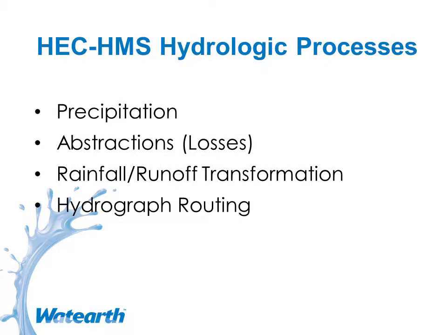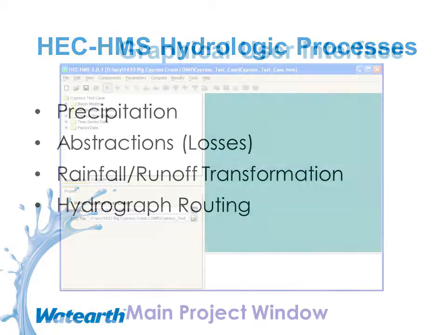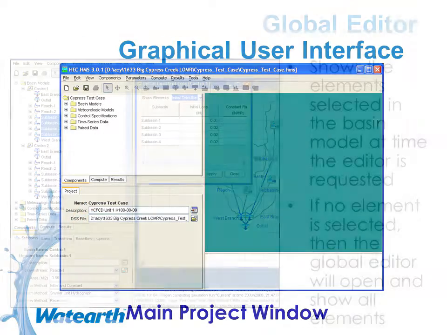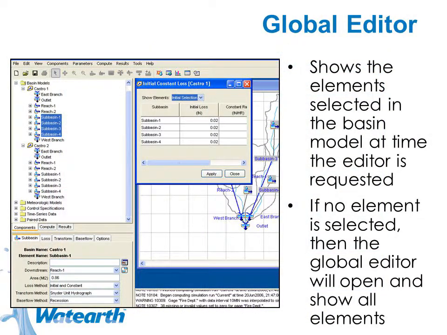All right, so all of the usual hydrologic process suspects are in HEC-HMS. We've got our graphical user interface, which looks like a Windows file folder setup. Basin models, again, are going to be all of your geometry and physical data. Meteorologic is the rainfall. Control specification says we're going to run for 24 hours, and here are the specifics.